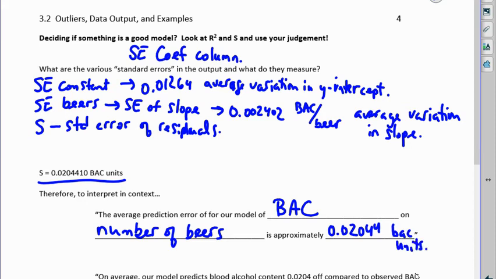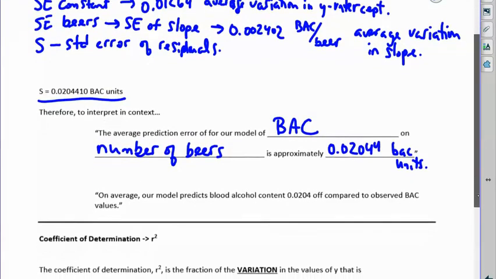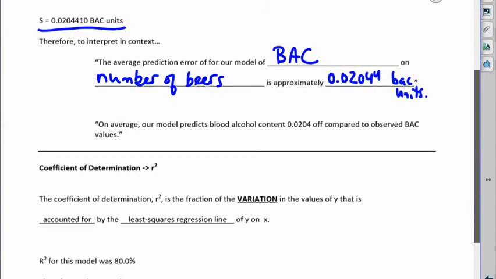So we seem to be off by about, I think blood alcohol content is percent, so 0.08 or over, then you're considered impaired. On average, our model predicts blood alcohol content is 0.0204 off compared to the observed BAC values. That's just another way of saying the same thing.